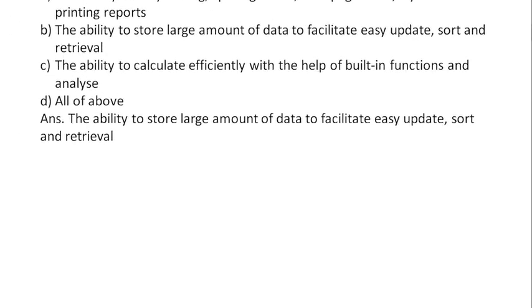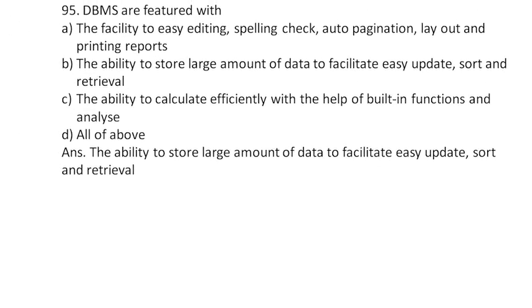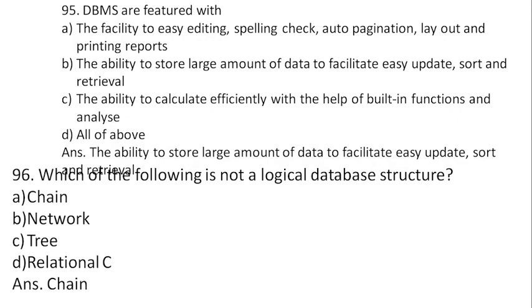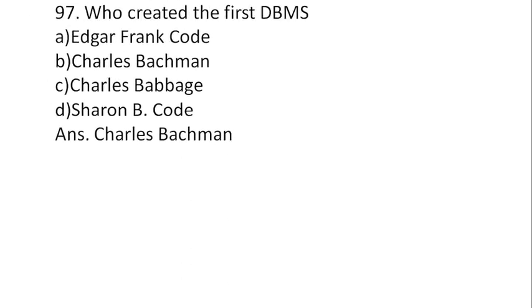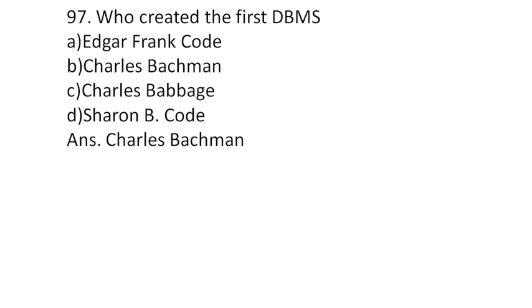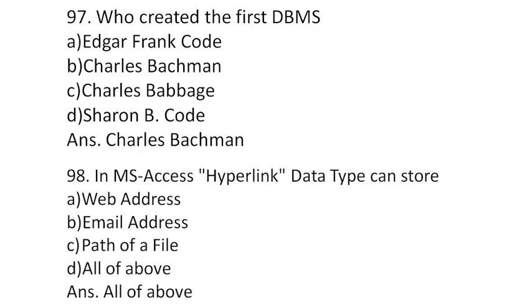Next, DBMS are featured with the ability to store large amount of data to facilitate easy update, sort and retrieval. Next, which of the following is not a logical database structure? Answer: chain. Next, who created the first DBMS? Answer: Charles Bachman. Next, in MS Access hyperlink data type can store, the answer is all of above, meaning web address, email address and path of a file.